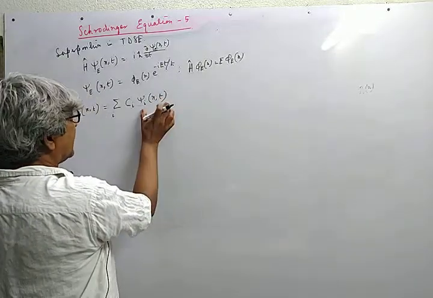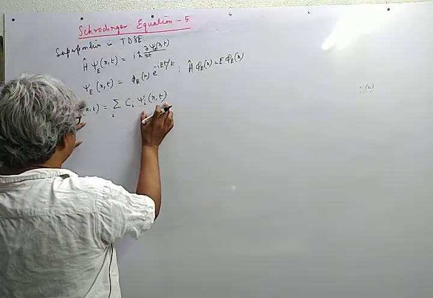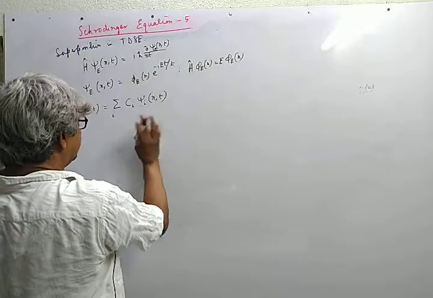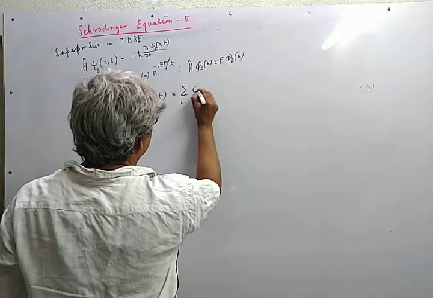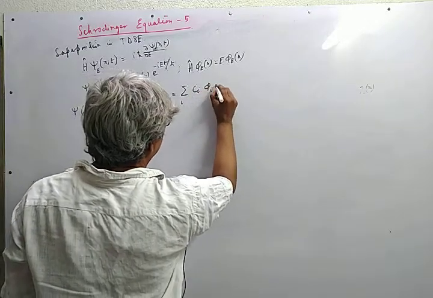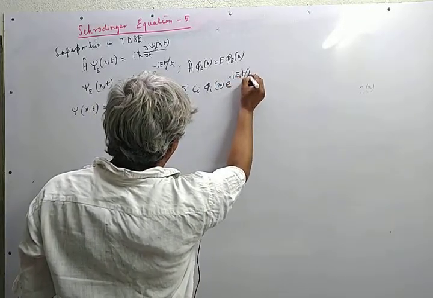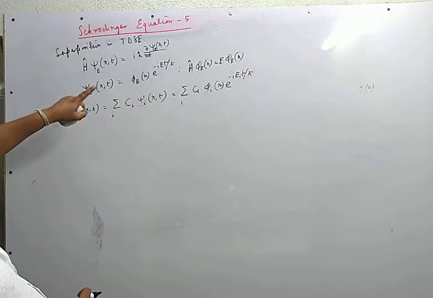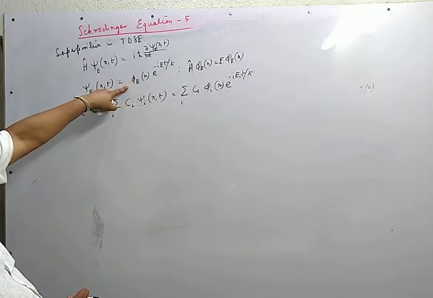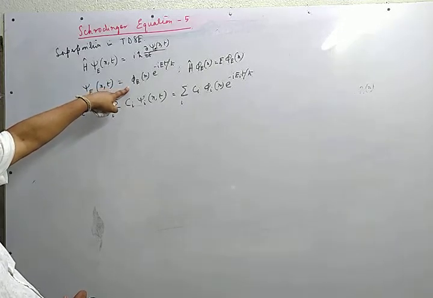Note that this is an eigenfunction, a solution of the time dependent Schrodinger equation, and we have made a superposition of these states. So writing explicitly, this is, now from the solution of the time dependent equation we get different eigenvalues and different corresponding eigenfunctions.